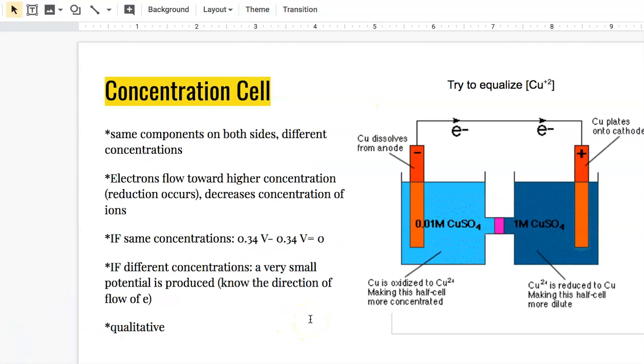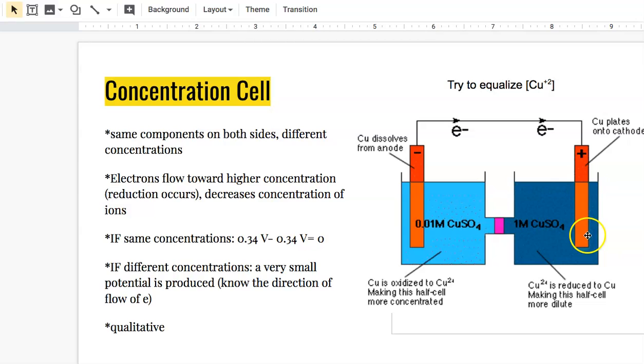We can also have the same setup, but have the same metal on both sides and have the thing forcing the electrons through be a difference in concentration. This is usually a pretty weak cell. I'm not going to spend a lot of time here because it's the same setup. It's just that if you look on this one, we have 0.01 molar versus 1 molar copper.